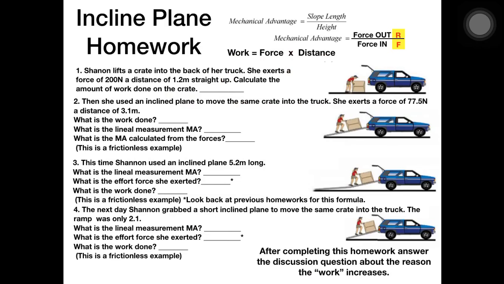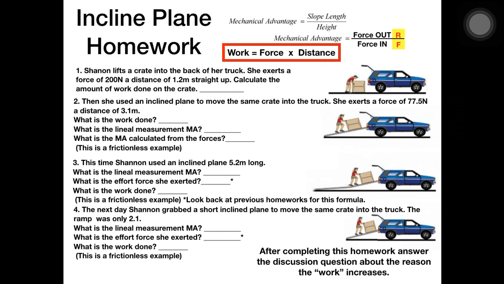If we read the first question here, it says, Shannon lifts a crate into the back of her truck. She exerts a force of 200 newtons, a distance of 1.2 meters straight up. Calculate the amount of work done on the crate. So here is the formula that we will be using. Work equals force times distance. We know that the force that she put in was 200 newtons.